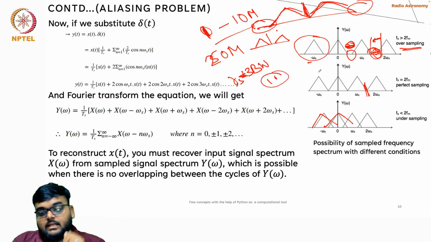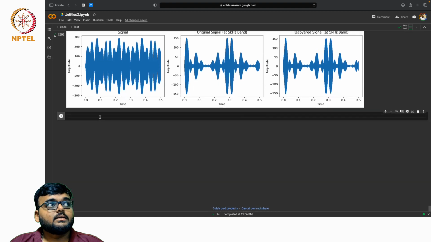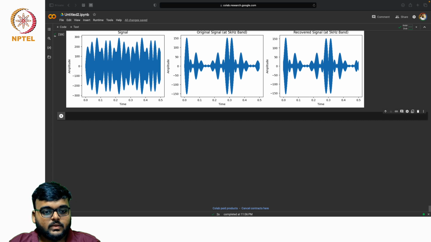Now let's understand a bit more by looking into the time domain. Let's move on to our notebook. So let us quickly discuss again what aliasing means in time domain.